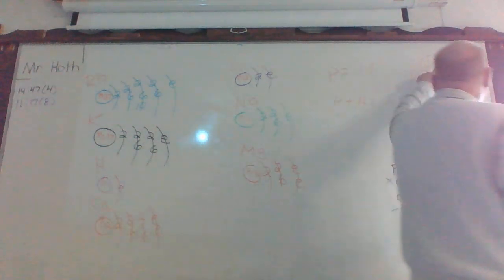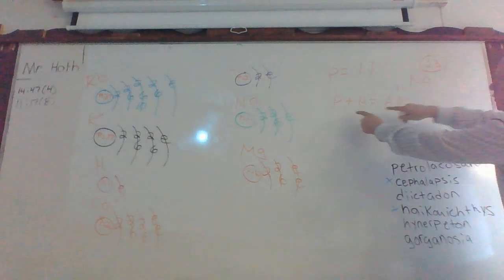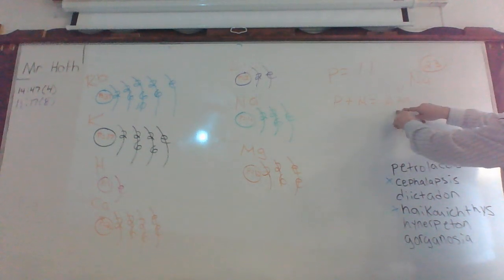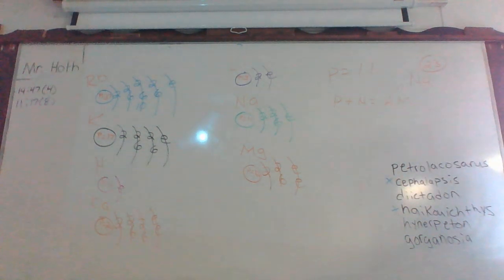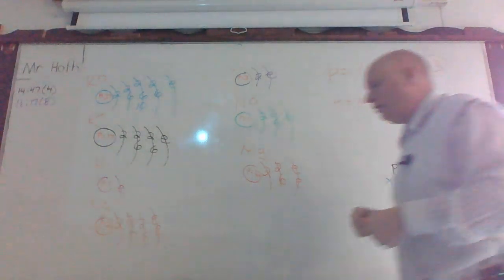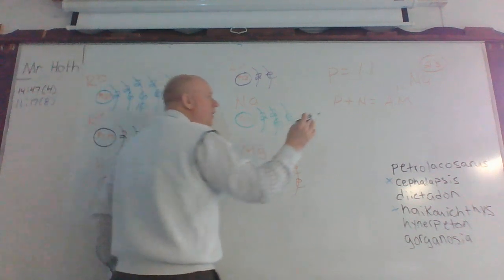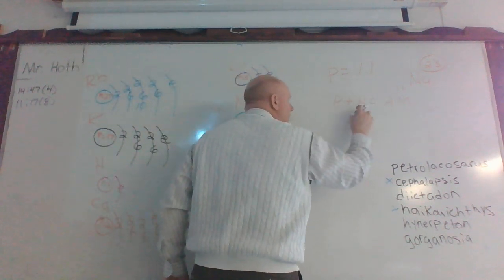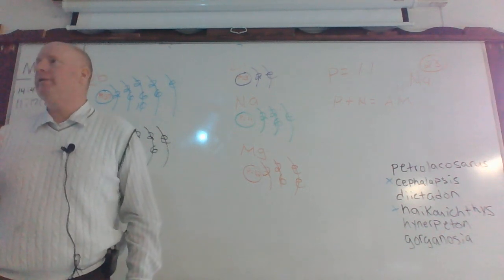Because the atomic mass for sodium inside that box says 22.999 something, I believe. So we round that up to 23. So that's what the number of protons and neutrons together equals: 23. So we're going to ask, how many neutrons does sodium have? Which of these three variables, we know two of them. Which ones?